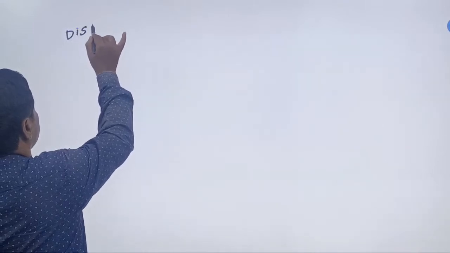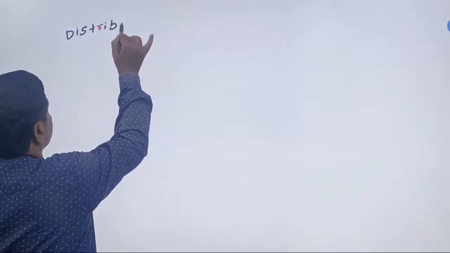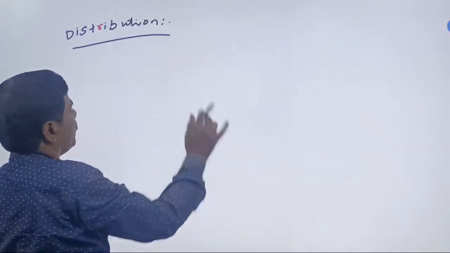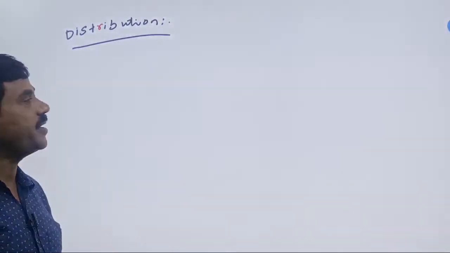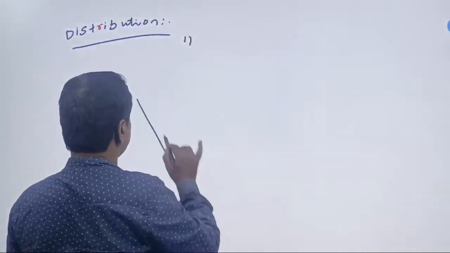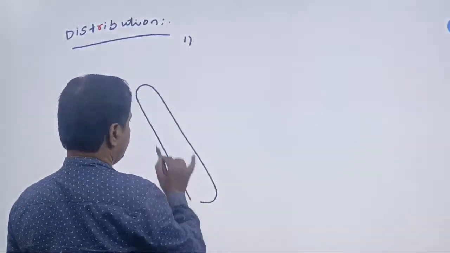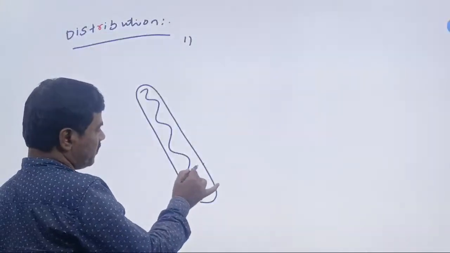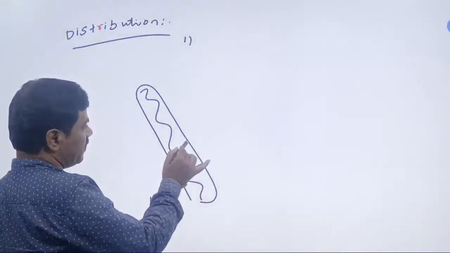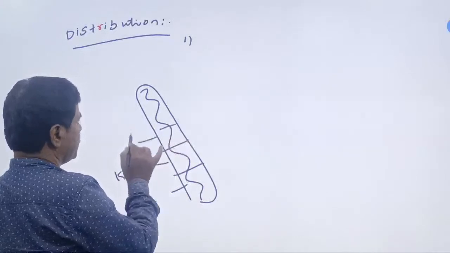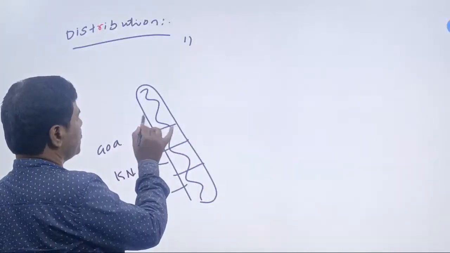This is the distribution of the evergreen forest area in India. Mostly it is on the Western Ghats. This is the Western Ghats, in Kerala, Karnataka, and Goa.